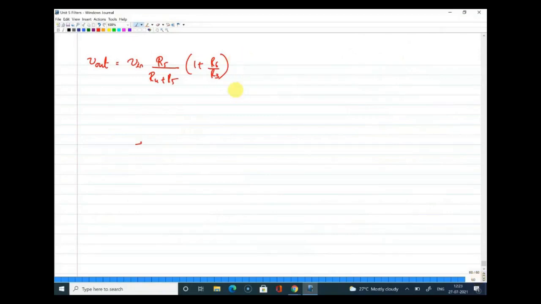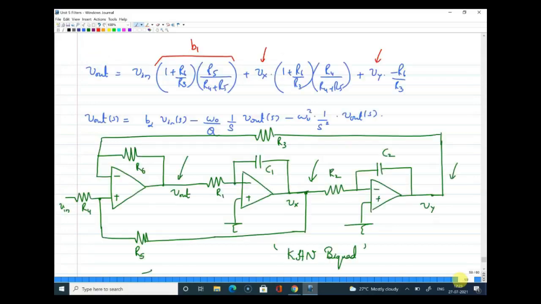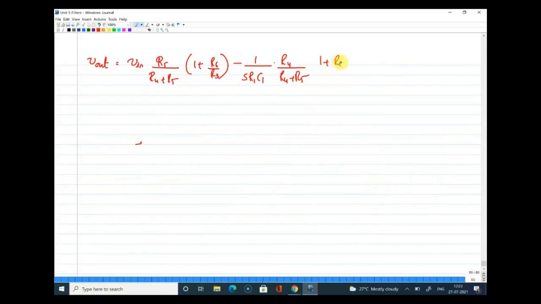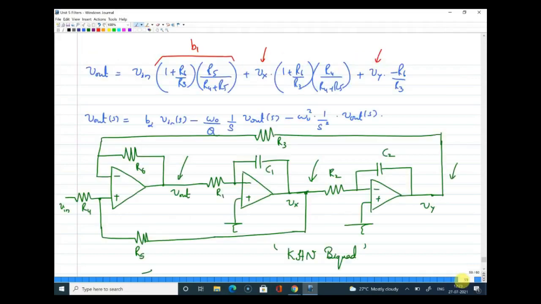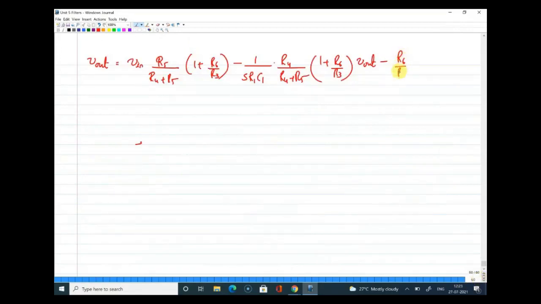So I'll write it here as minus 1 by S R1 C1 into, then you have that scaling term R4 by R4 plus R5 into 1 plus R6 by R3, this into V out, minus, again the last term here is R6 by R3, but that should be multiplied by the second integrator, that is R1 C1 R2 C2 into S square into V out.